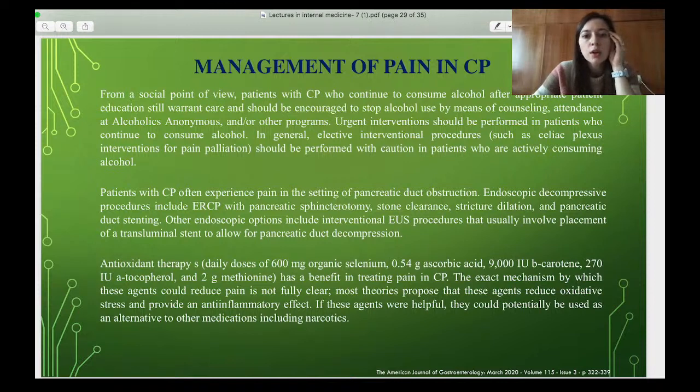Most theories propose that these agents reduce oxidative stress and provide an anti-inflammatory effect. And if these agents were helpful, they could potentially be used as an alternative to other medication, including narcotics.